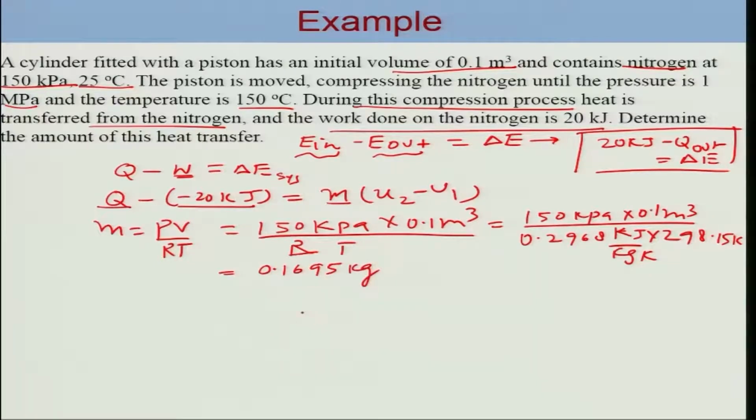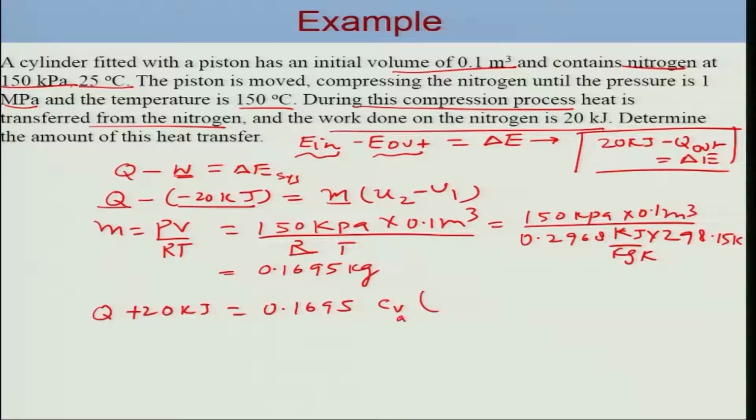Now the next thing is how do we find the change in internal energy? So we can write Q plus 20 kilojoules is equal to 0.1695, and delta u can be written as Cv average times T2 minus T1, considering the difference here we will take an average.